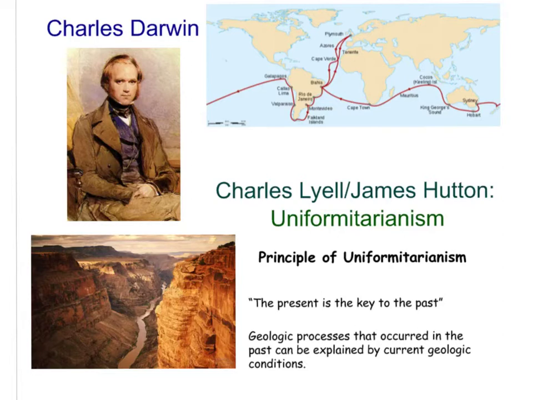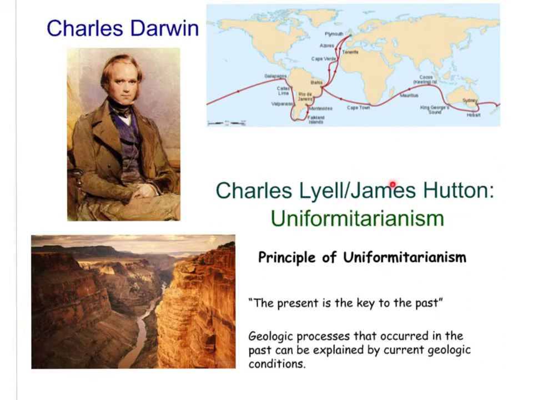There were a lot of different aspects that influenced him as he came to his conclusions. He traveled quite extensively on a ship called the Beagle and observed a lot of different organisms around the world. He was also influenced by other scientists. One of the big ideas that influenced him was Uniformitarianism, an idea developed by Lyell, though he wasn't the first one to come up with it.